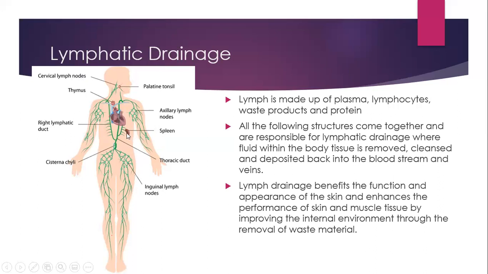You've also got your spleen. Your spleen is like a large lymph node. This helps to filter blood and holds a reserve of blood just in case you have an attack on the body or you need to fight hemorrhagic shock as well. So this is quite a good piece of your body to represent what lymphatic drainage is.